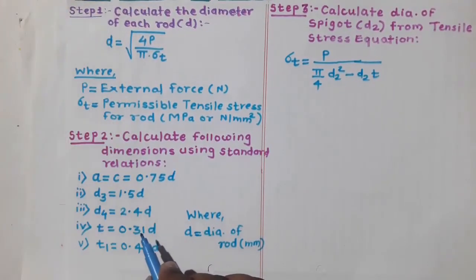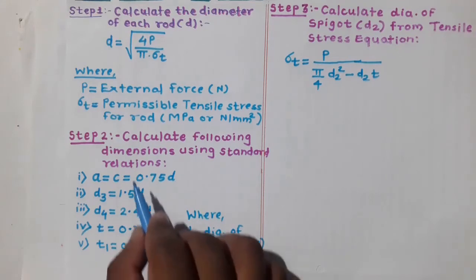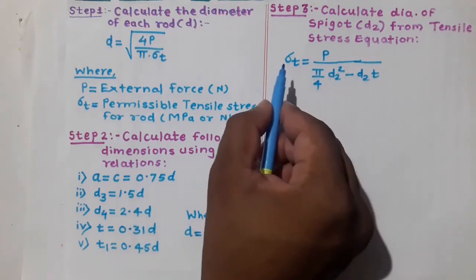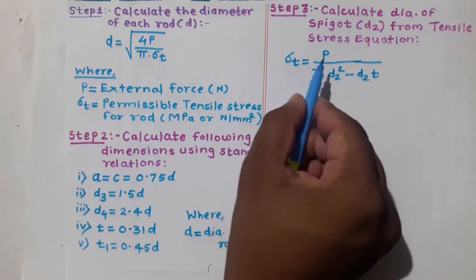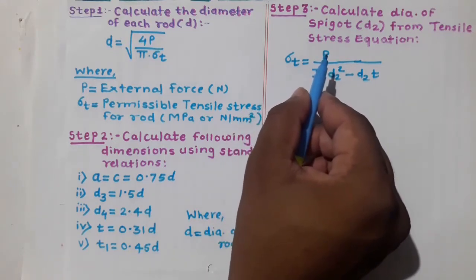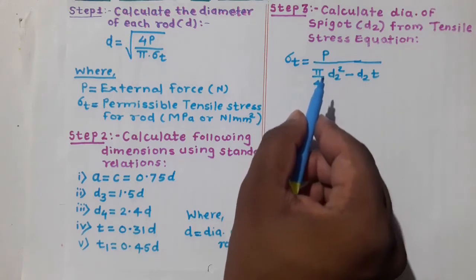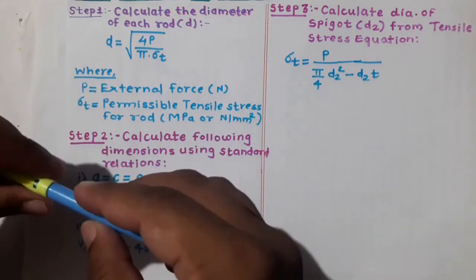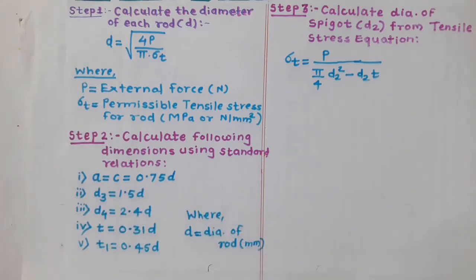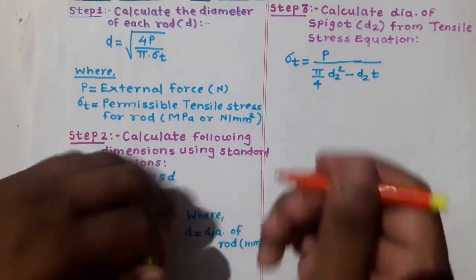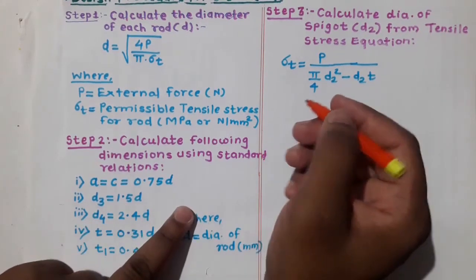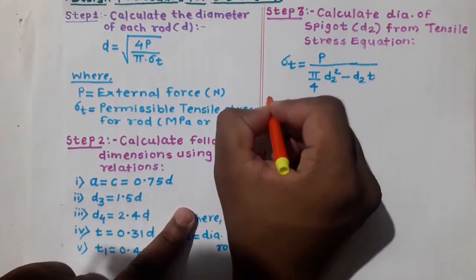Once you put the value of t, which is calculated in step number 2, and the value of sigma t, the permissible tensile stress, and the value of P, that is the external applied force, you will get one quadratic equation, and you have to solve that quadratic equation in order to get the value of d2. So write one important point, because while solving the numerical you first have to obtain the quadratic equation.